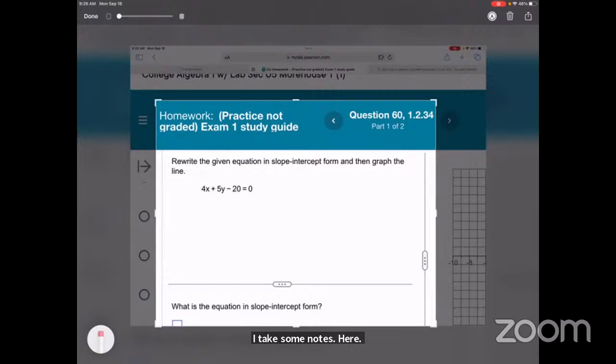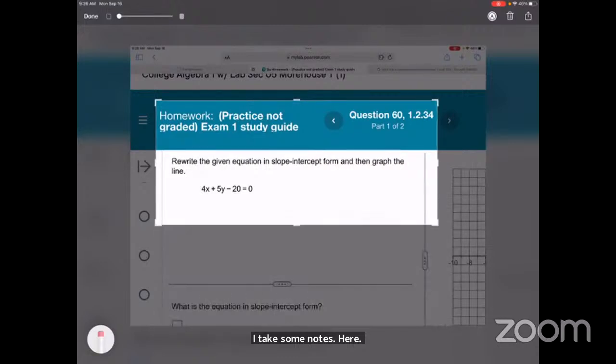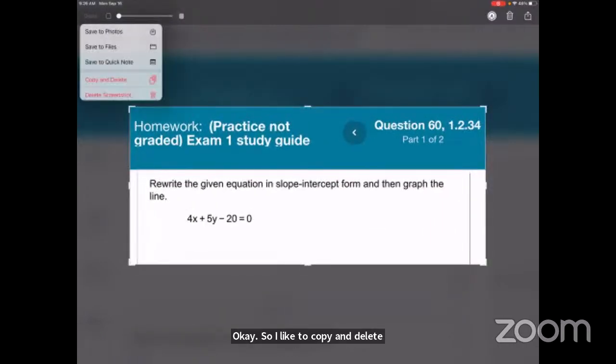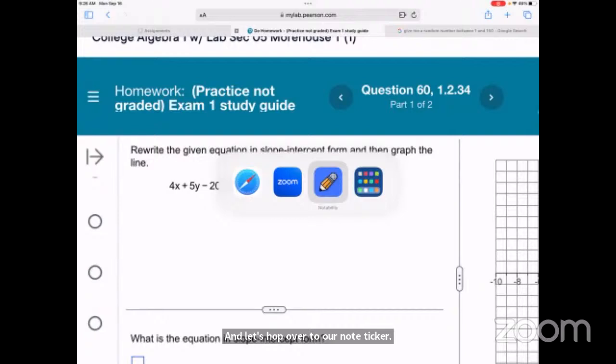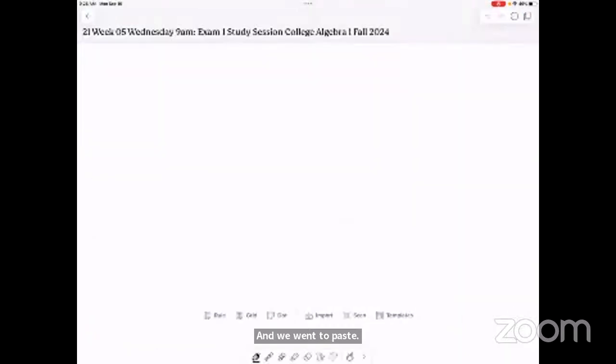Okay, so I like to copy and delete, and let's hop over to our note taker. Right there, and we'd like to paste. No, did I not get my image? No, it's gone.